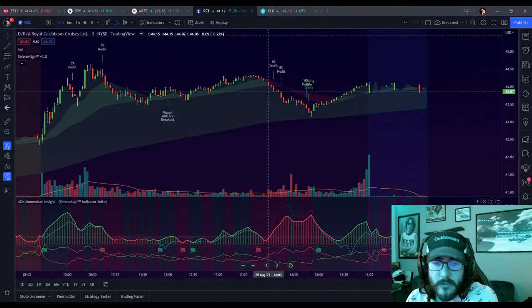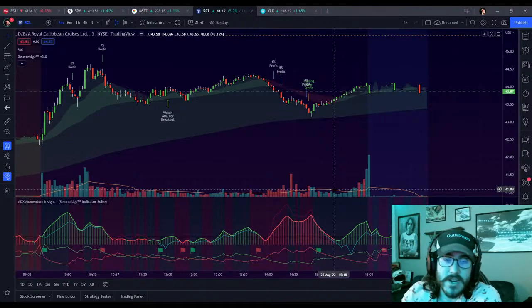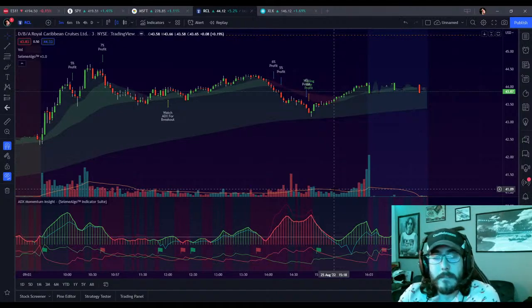I also look for ADX to be ticking up over 25 or 30. So right there we have our directional index crossing. We have our MACD turning bullish or bearish. We have the background, which is going to be more or less our sentiment on the actual price and how it's moving, bullish or bearish. Bullish is green, bearish is red.